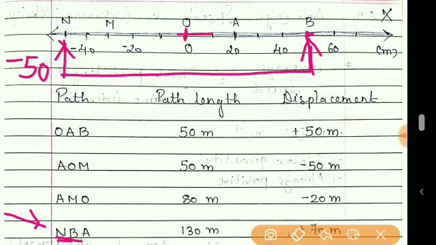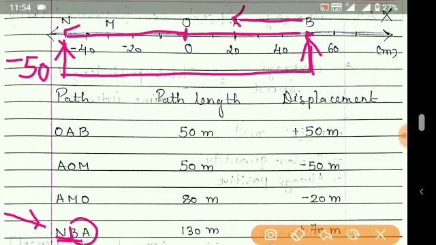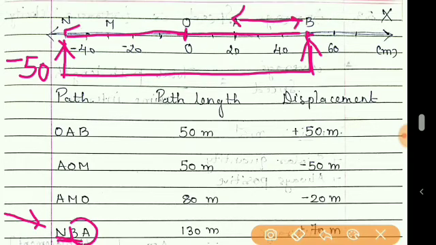So O to B this side it is 50, O to N that is also 50, so total 100. And again the particle moves from B to A also, you can see here. So B to A, this distance is how much? It is 30, because you can see here 20 to 40 that is 20 meter, and again 40 to 50 that is 30 meter.